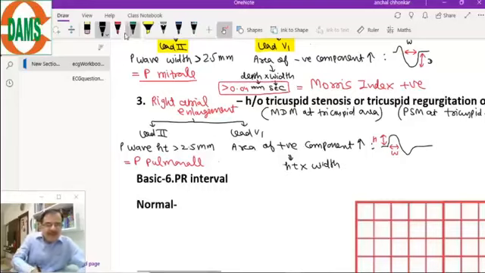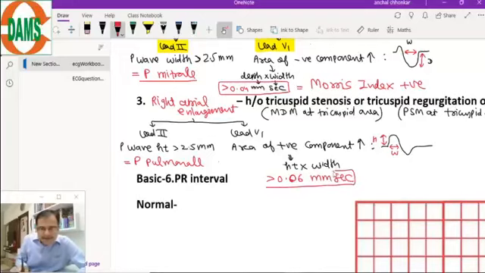And if it is more than 0.06 millimeter second, this is right atrial enlargement, and these are fact based questions.